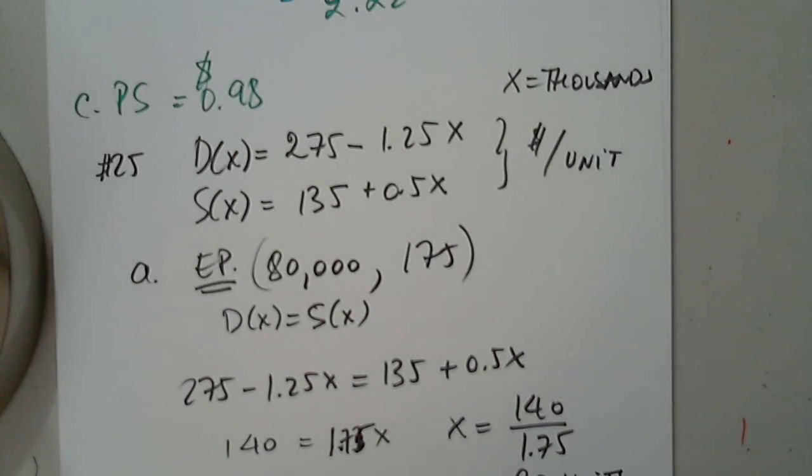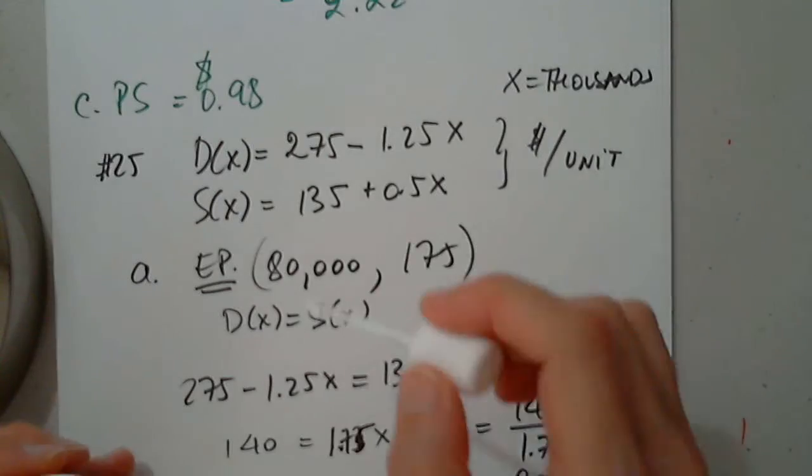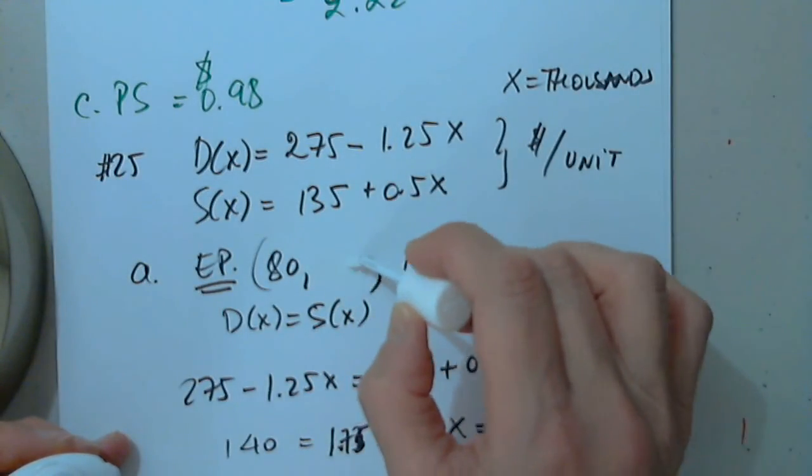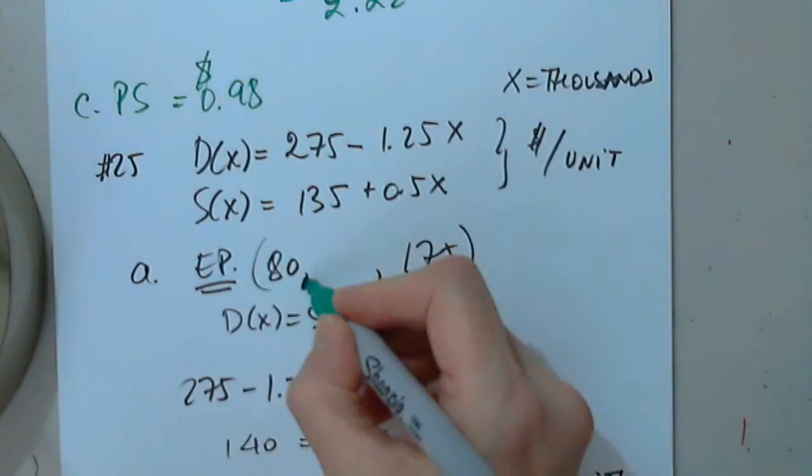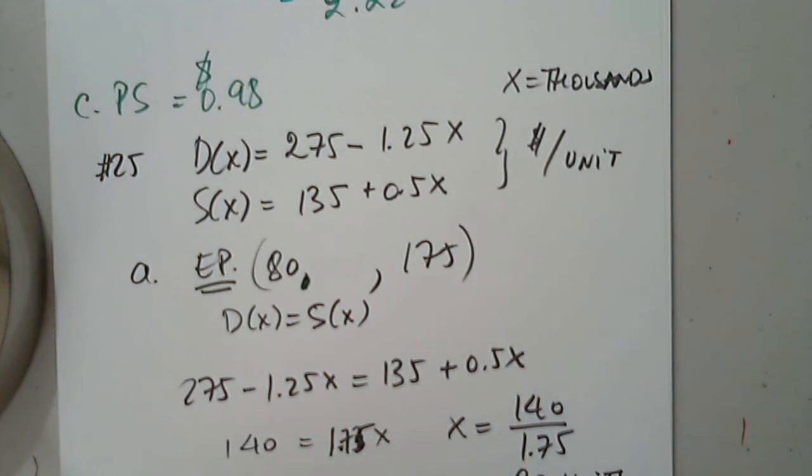So the ordered pair will be 80, comma 175. But we have to keep it, and we have to remember that it's 80,000. Okay, so we found the equilibrium point, 80, comma 175.